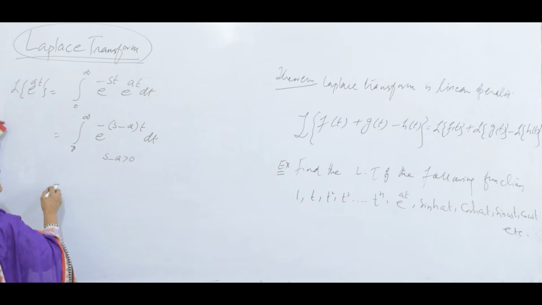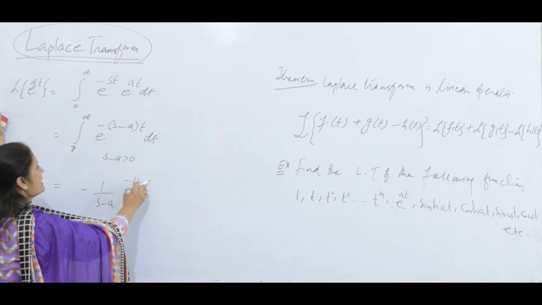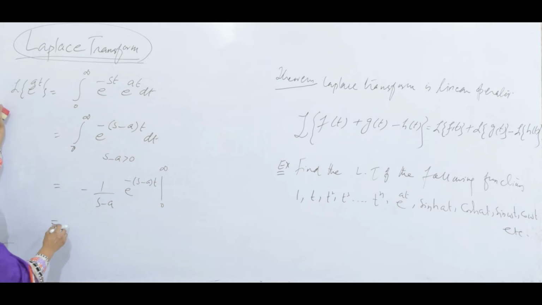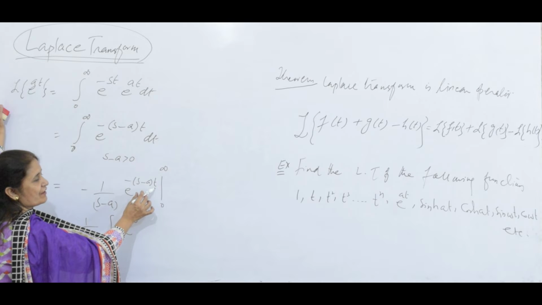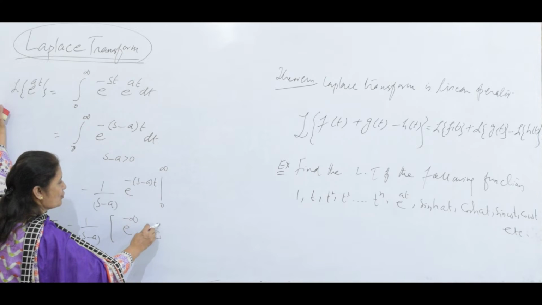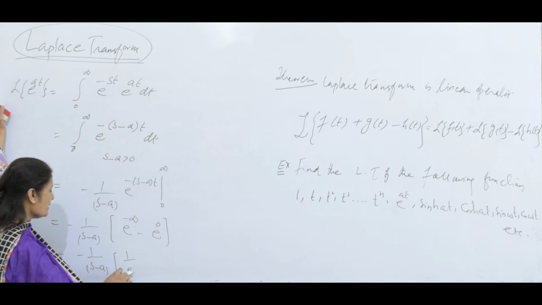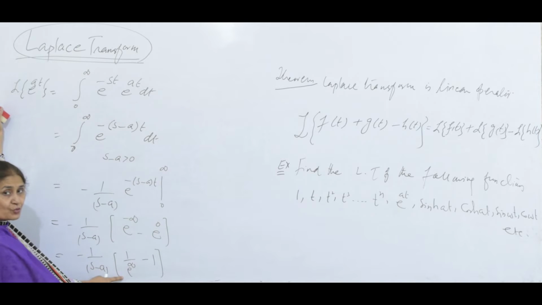So integrating this, I get minus 1 over (s minus a) times e^(-(s-a)t) from 0 to infinity. At t equal to infinity, e raised to the power infinity is infinity, and 1 over infinity is 0.